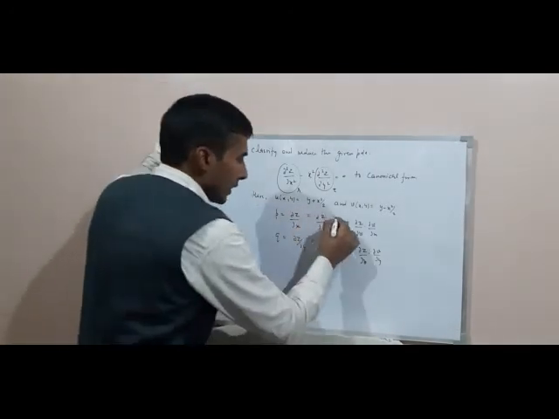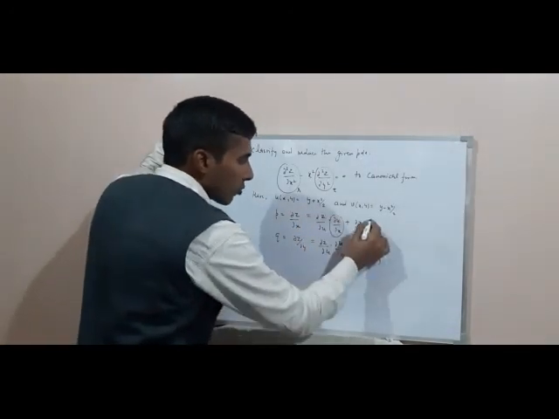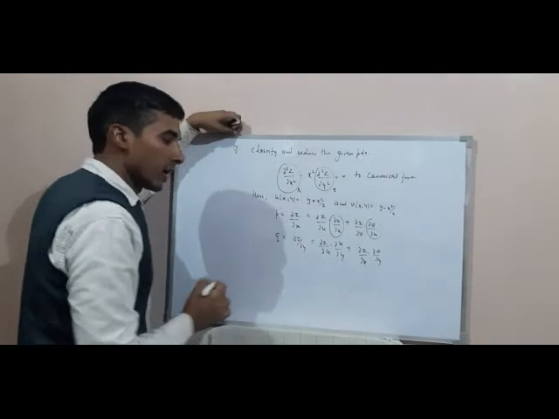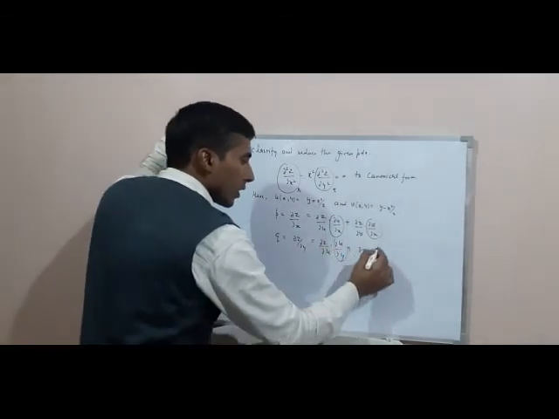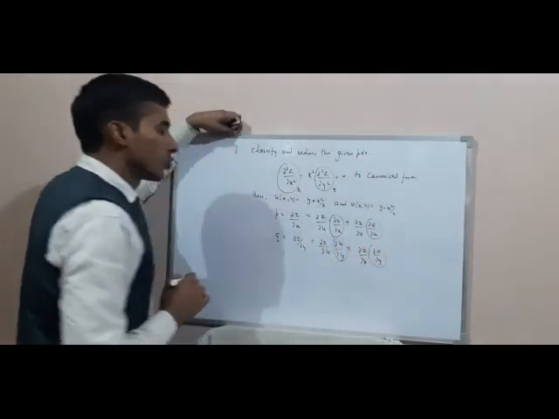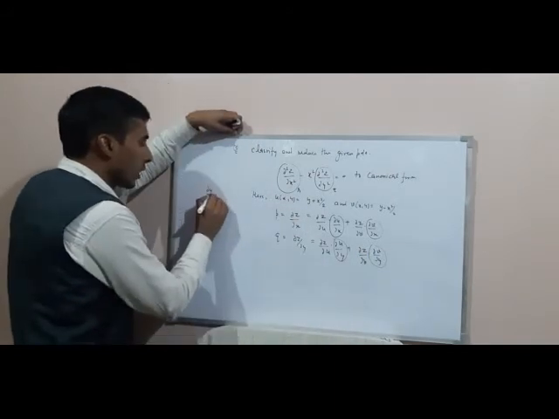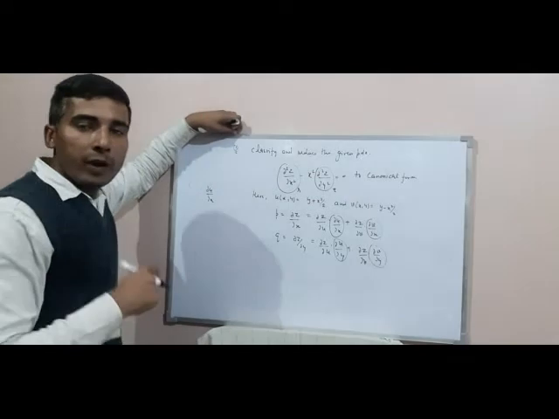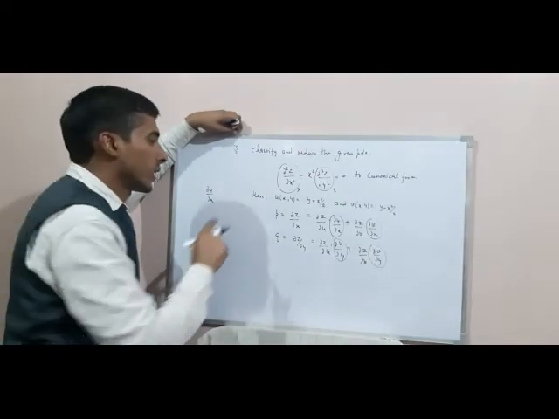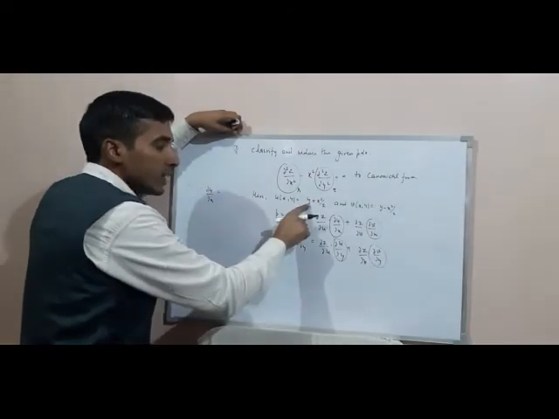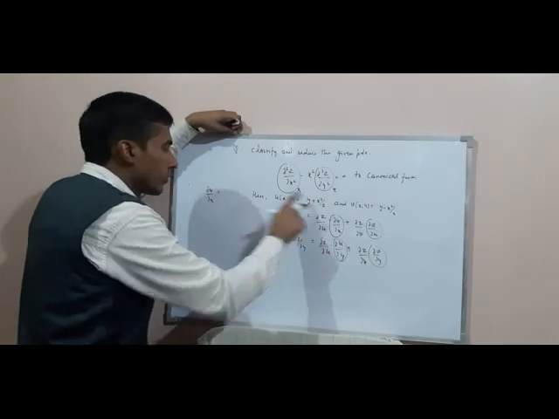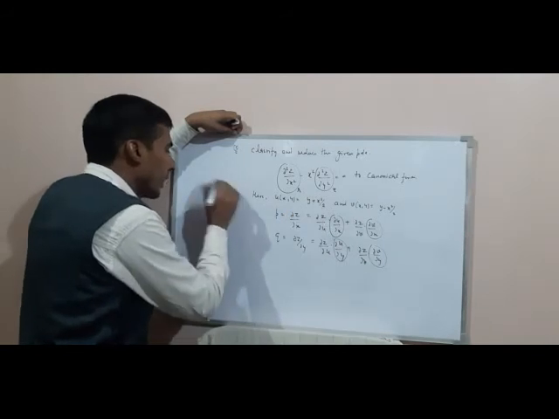Now what we need, note this: ∂u/∂x, ∂v/∂x, ∂u/∂y and ∂v/∂y. First of all we have to determine these values. ∂u/∂x means the partial derivative of u with respect to x, and since y is 0, it will be 2x divided by 2, which is x.